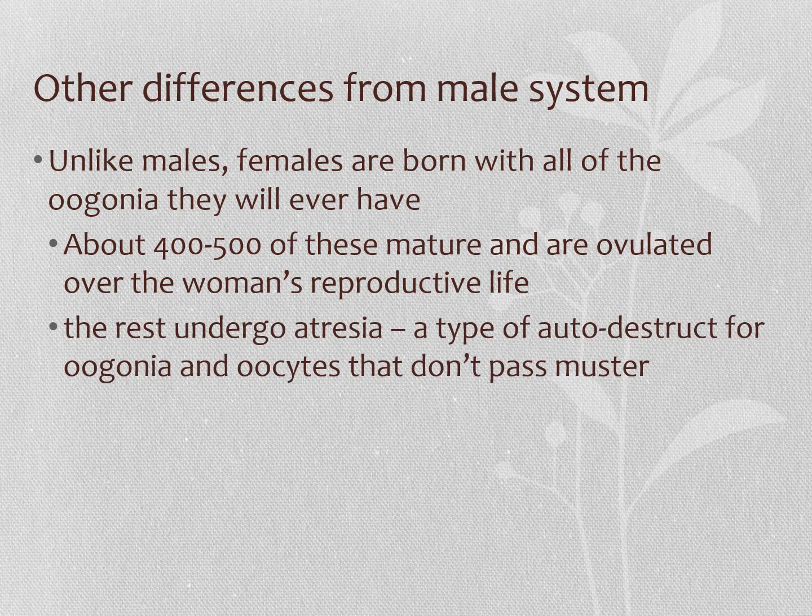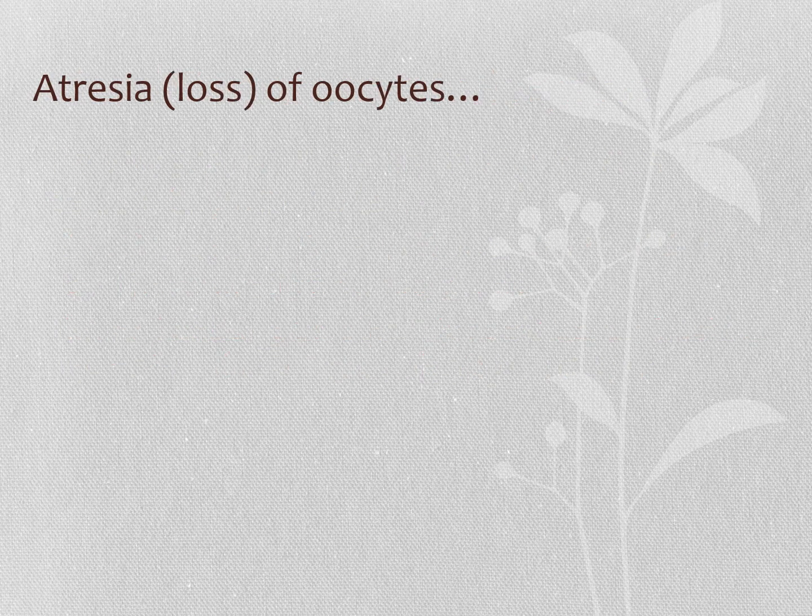Now, the rest of them, however, because there's lots more, there's about 200 to 400,000 present at birth, are going to basically do a self-destruct. We call it atresia. So it's as if the body just goes, no, we don't think you're good enough, and so they die off. So let's take a look at that.